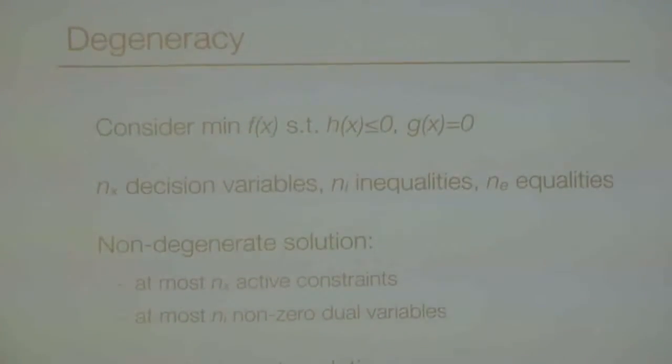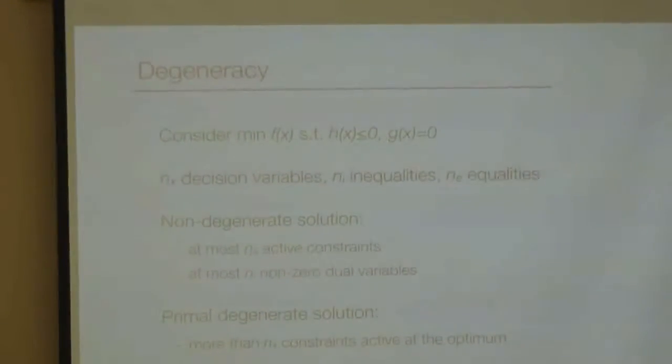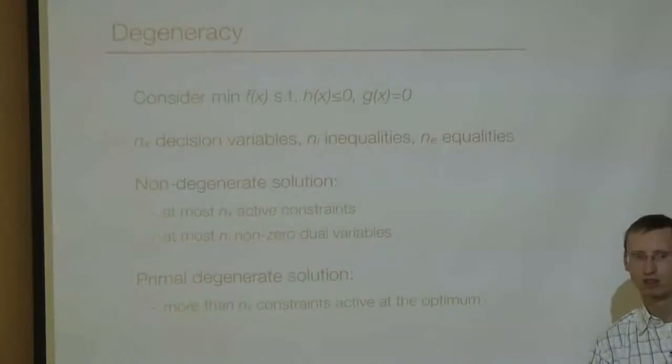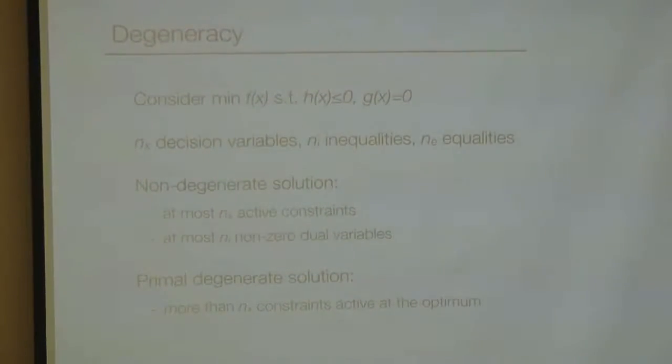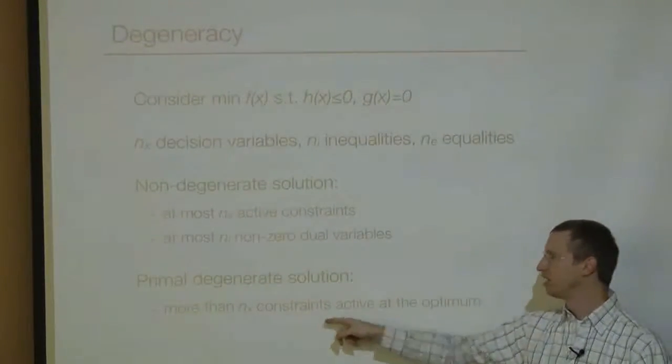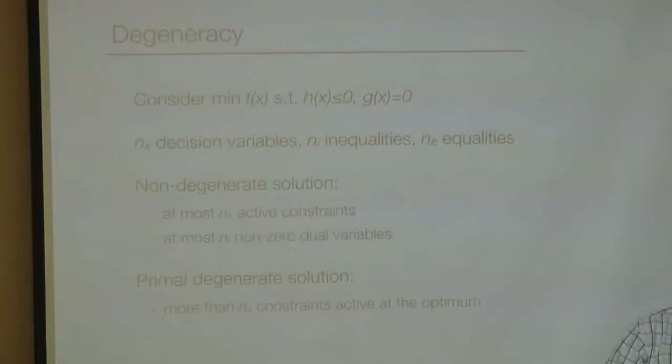However, we could also have degenerate solutions, as we have just discussed, and we actually distinguish 2 situations. We could have the so-called primal degeneracy. Primal means that we have more than nx constraints active in the primal space, in the space of x variables. And we can have dual degeneracy, which means non-uniqueness in the dual space. So what you need to remember is, if you attempt to solve a problem using some solver, some software, and the software complains about degeneracy, this is what happened.